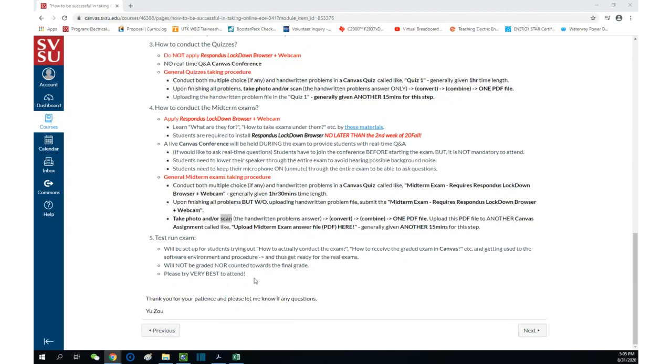So again, test run the exam. Have you set it up for us to exercise? Let me see here. Ryan also mentioned the Notes app on Apple products has a pretty decent scanner function.